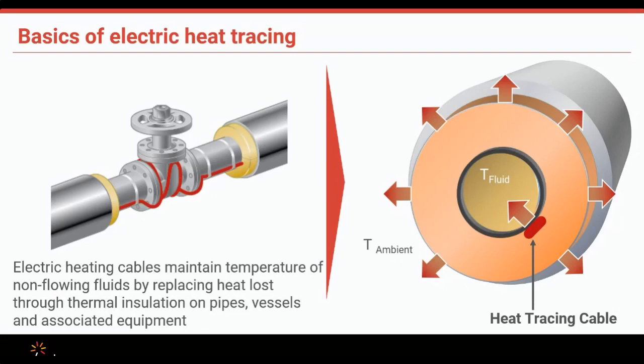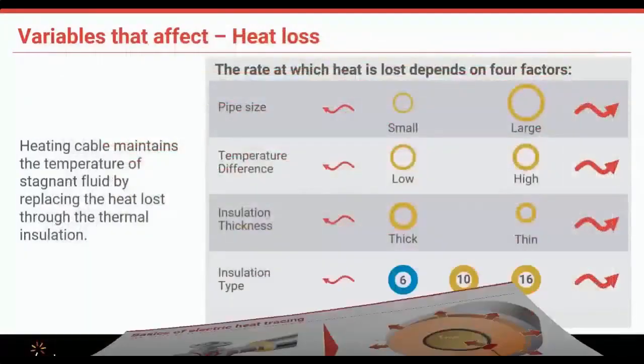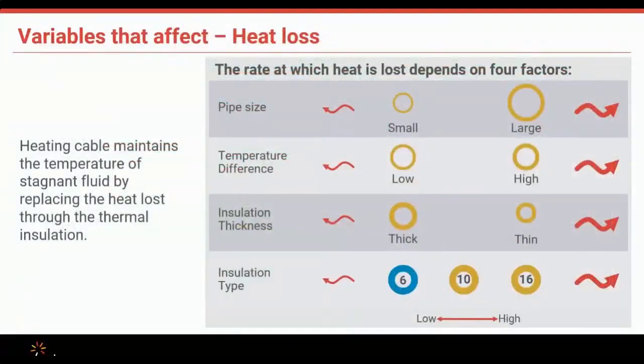With every heat trace application, what you're really trying to do is drive more heat into the pipe than what is being lost through the insulation factor. There's a lot of things that go into those calculations. So things that you need to think about, pipe size is a really big one.